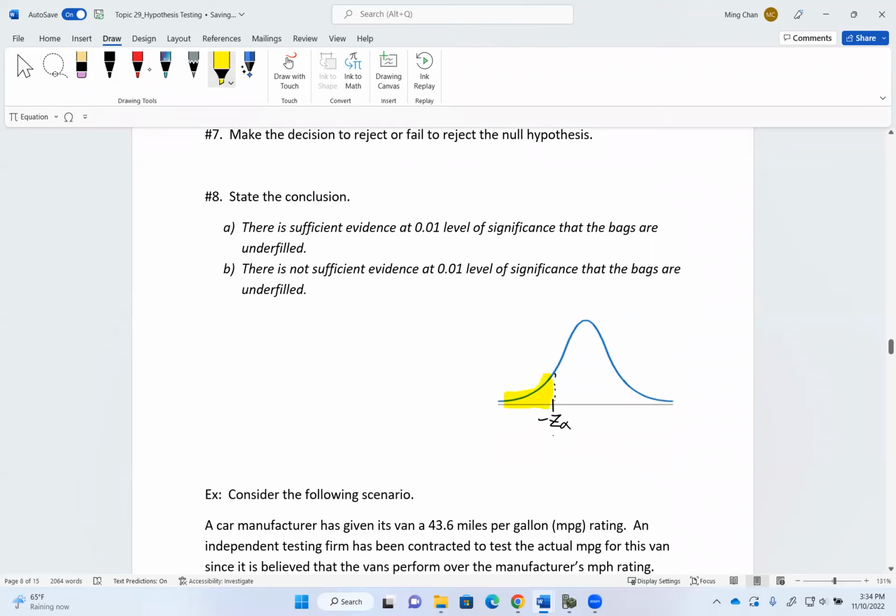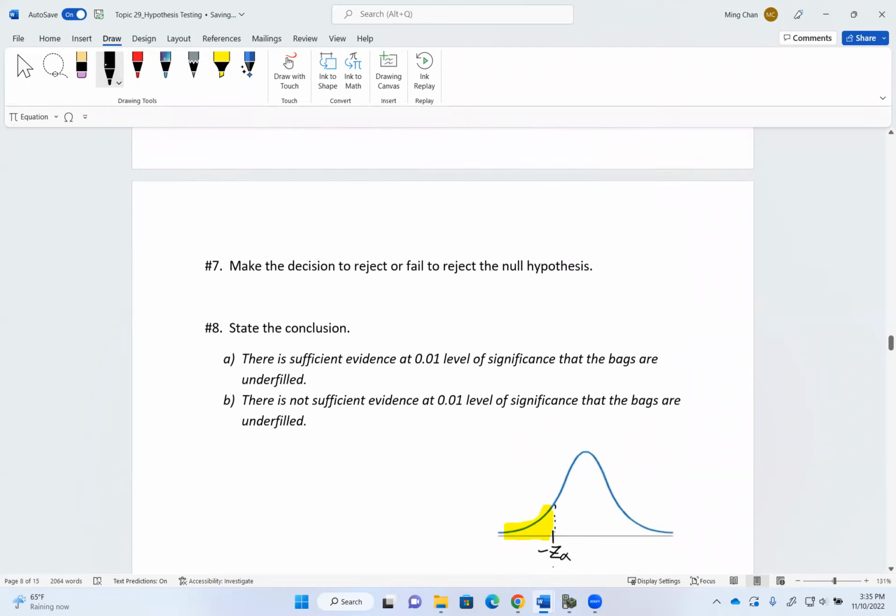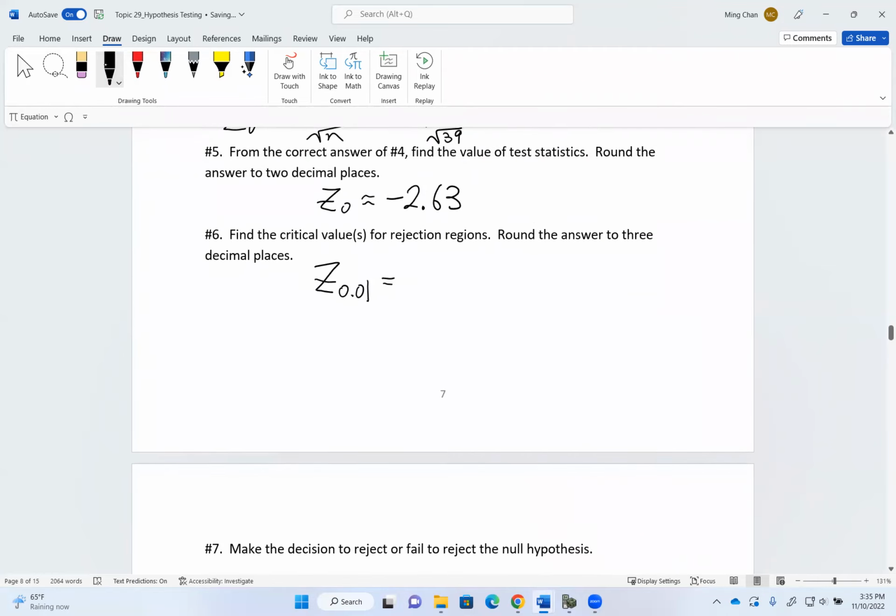Or my critical region. The area in here is 0.01. To find the critical value, we will use inverse norm. Area to the left is 0.01, comma 0, comma 1.